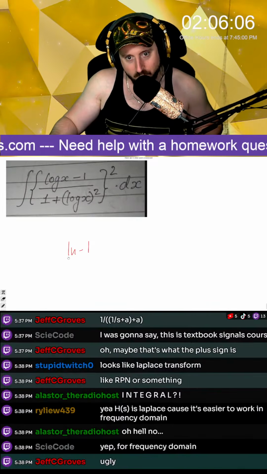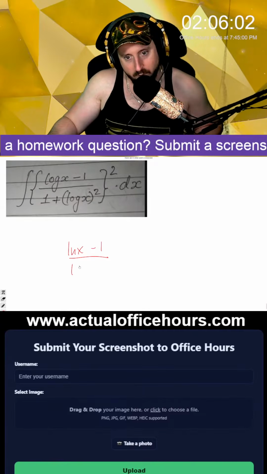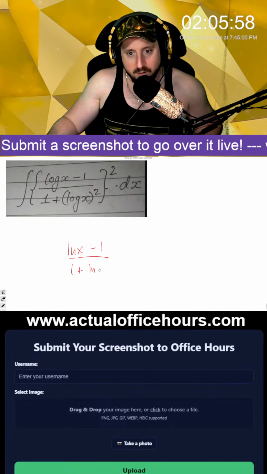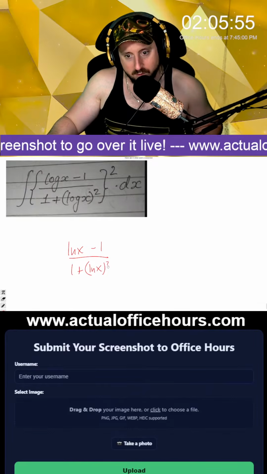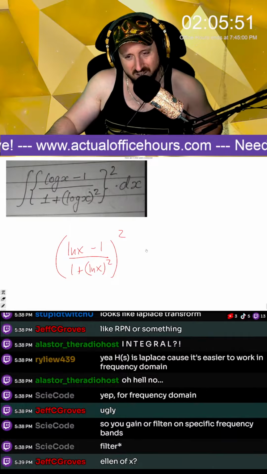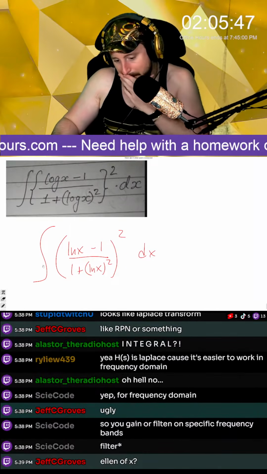Okay, so ln of x minus 1 over 1 plus ln of x squared. And then all this is squared? Then dx, and this is an integral?